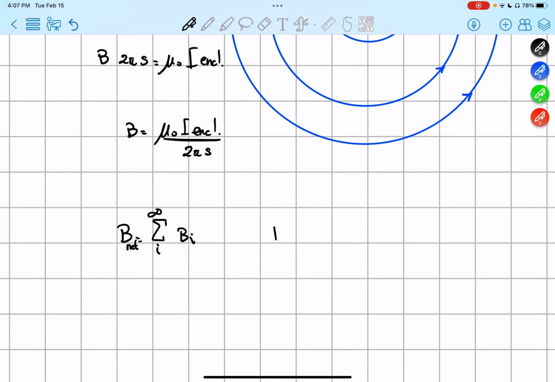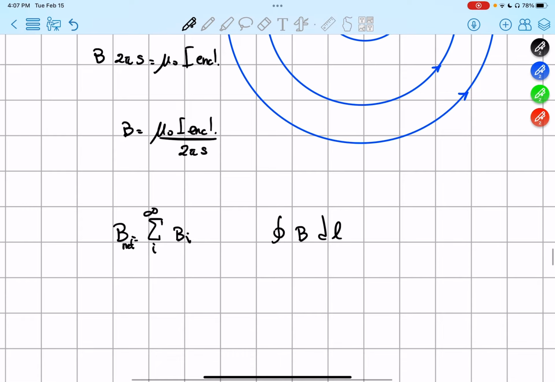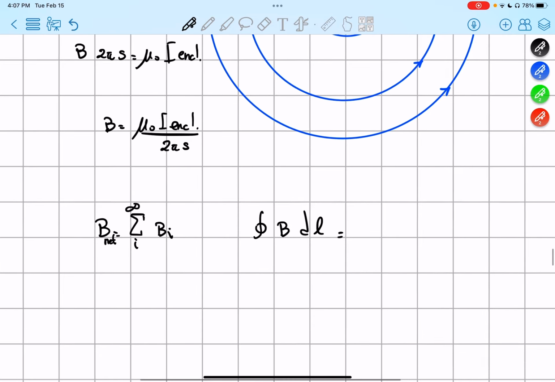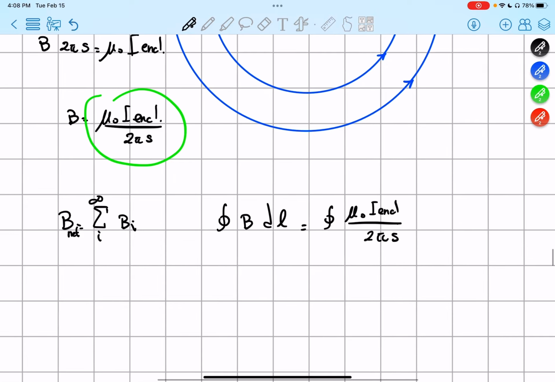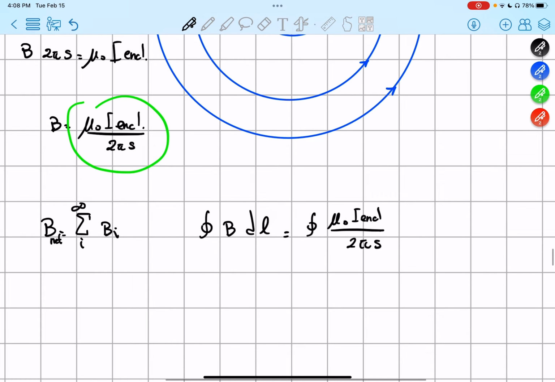So we can simply rewrite this as the integral on a closed loop of B times dl, and we know that B is equal to this value that we found right here. So let's substitute B with this: mu naught times I enclosed over 2 pi s. And now we need to switch our dl for what it is.